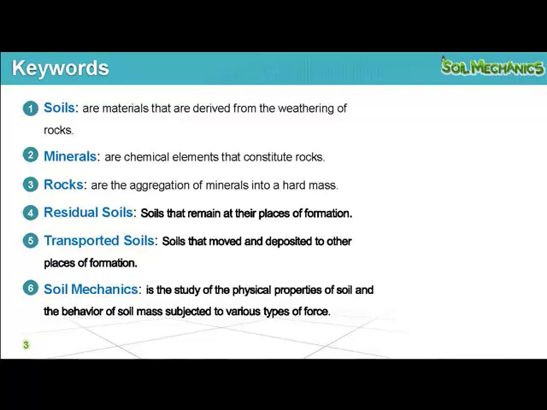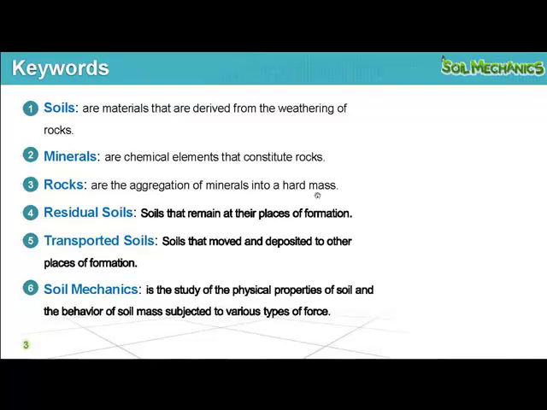Mineral is a chemical element that constitutes rock. In rock, there are many minerals that constitute rock. Rock is the aggregation of minerals into a hard mass.